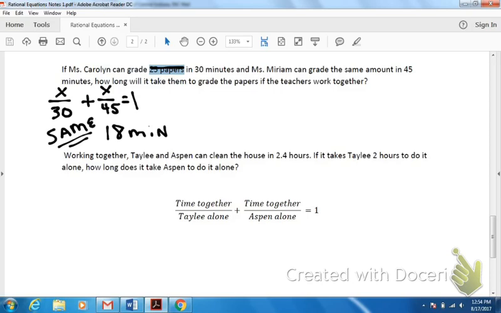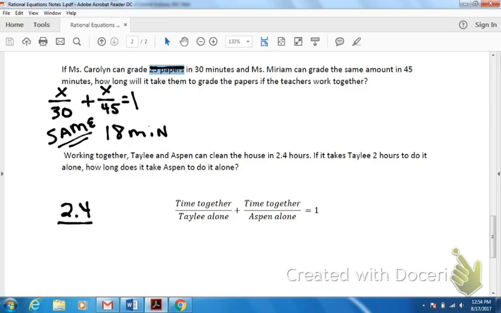That is the time together. So the time it takes together is on top, and the time it takes them each alone is on bottom. Together's on top, alone is on bottom.